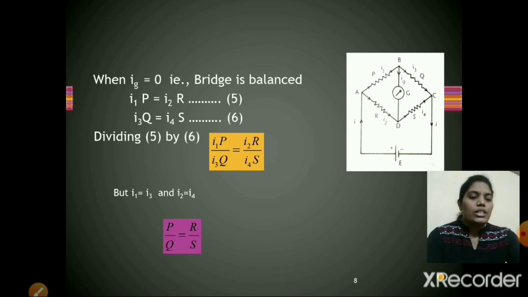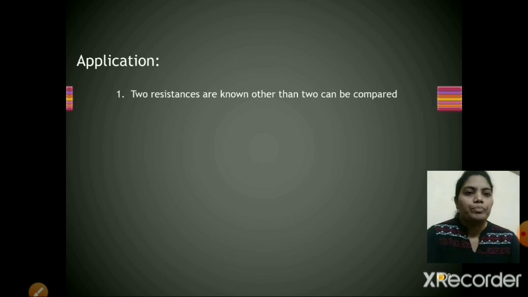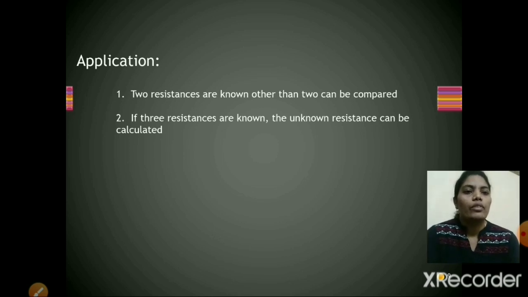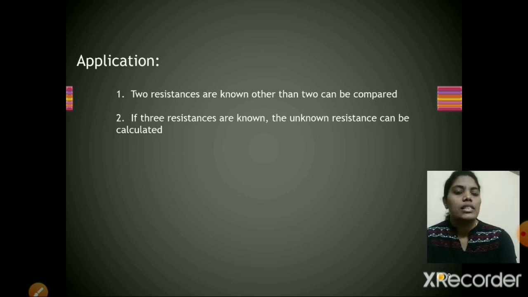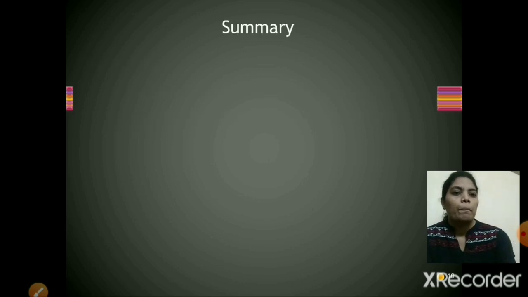We got a relation between the four resistances present in this circuit, known as the Wheatstone bridge. What is the application? If two resistances are known, the other two can be compared. If three resistances are known, we can find the unknown resistance. This principle is used in the meter bridge and also in the potentiometer.